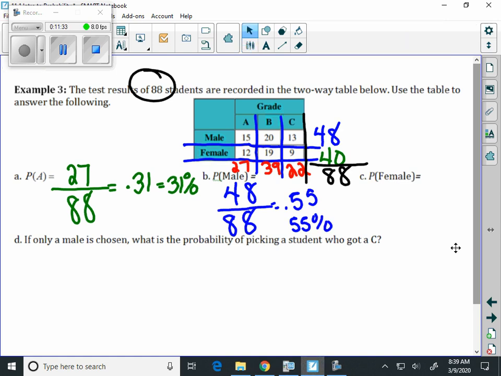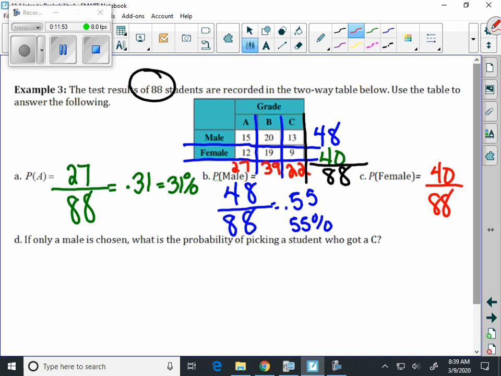And then finally, on this part C, oh no, we have part D as well. Probability that a student is female. How many females do we have? We have 40. We did that total a little bit ago. Out of a total of 88.